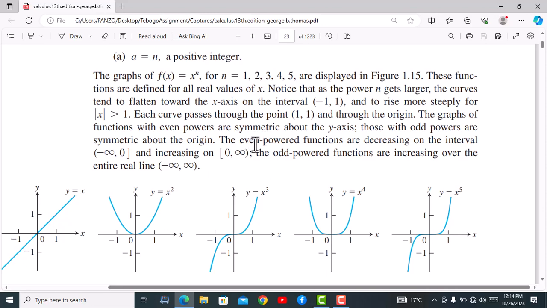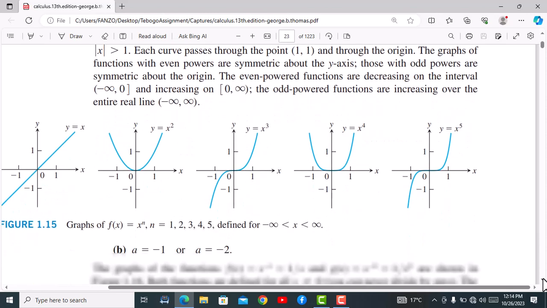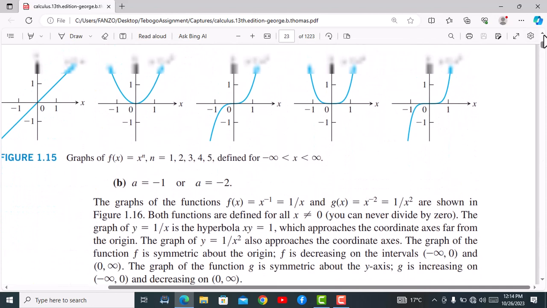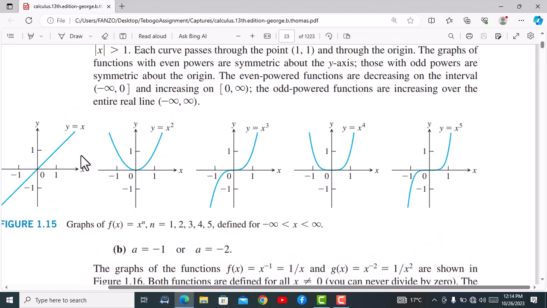So they say the even powered functions are decreasing on that interval and increasing on that interval. The odd powered functions are increasing over the entire real line. Okay, before we go any further and look at many other things, let's just go and investigate these functions.